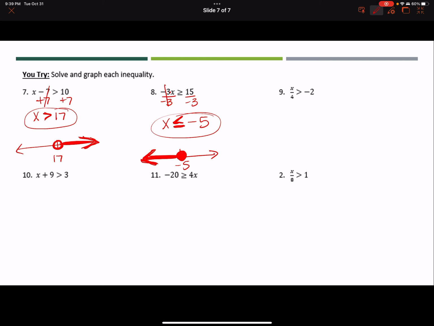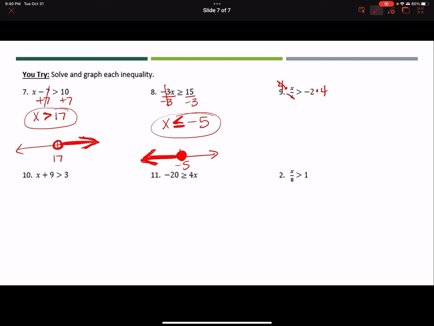Number 9. Now I have that fraction, but don't let that intimidate you. Remember, a fraction is really division. It's x divided by 4. The opposite of division is multiplication. If I multiply by 4, they are going to cancel. I multiply by 4 over here. So anytime I multiply or divide, I think, what kind of number did I multiply by? I multiplied by 4.